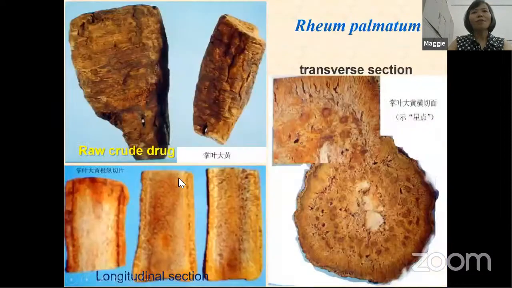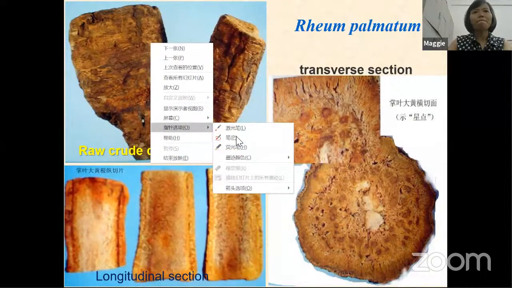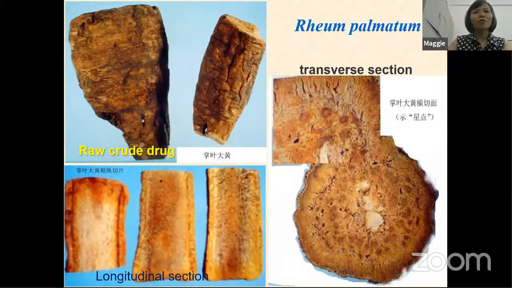So here, this part belongs to the piece. These are longitudinal sections, and the right picture shows transverse sections. In the transverse section, we can see this part is the piece. There are some star spots in the piece. They are arranged in rings or irregularly.